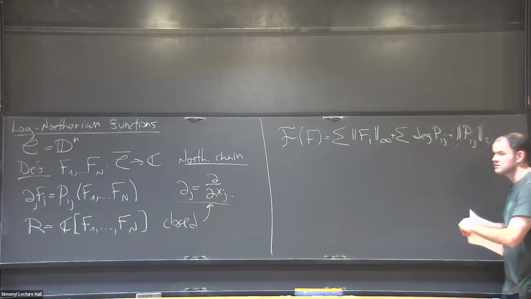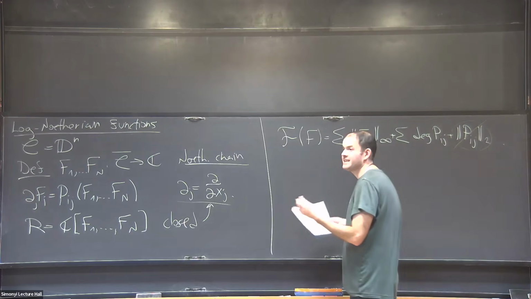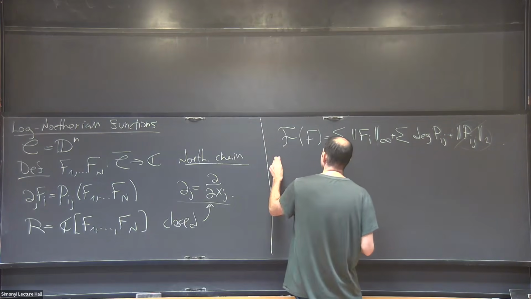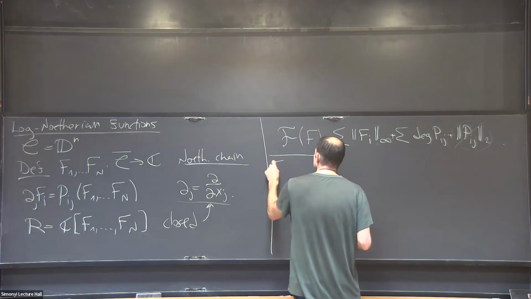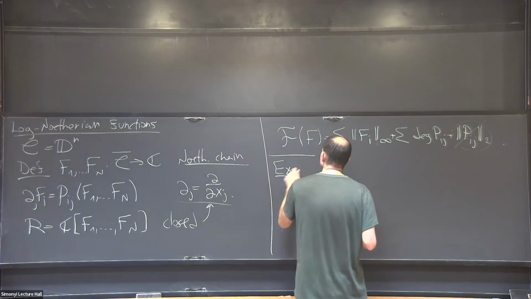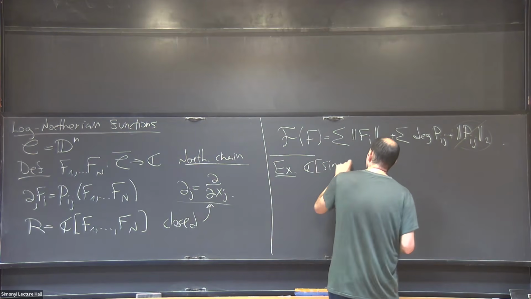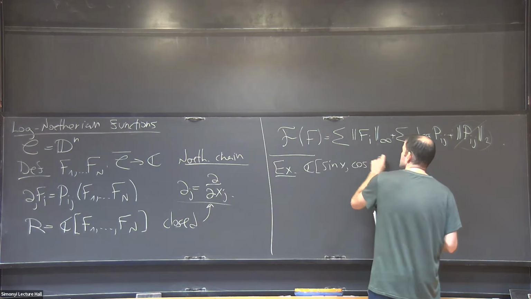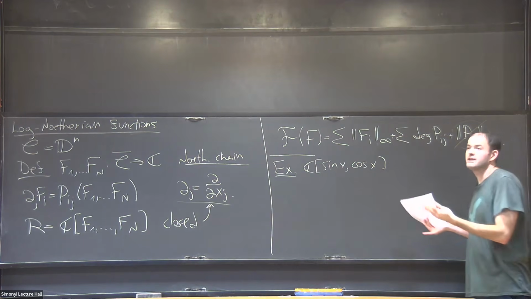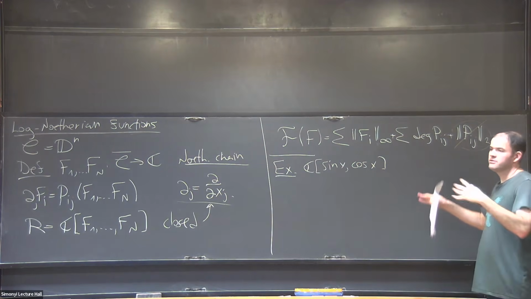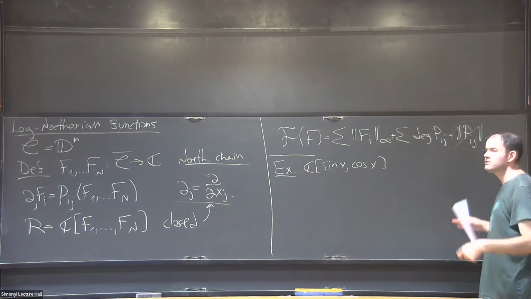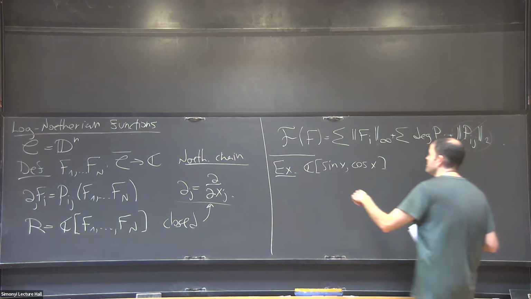Noetherian world. Okay, so a good example to think about is just sine and cosine. If you do, as an example, this chain with sine of x and cosine of x, this is obviously a Noetherian chain, it's closed. And in a big interval, it will have... let me put even an m here.